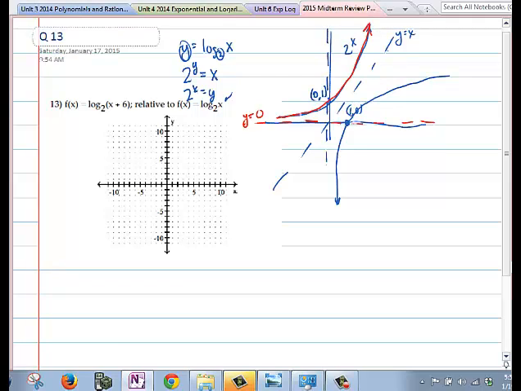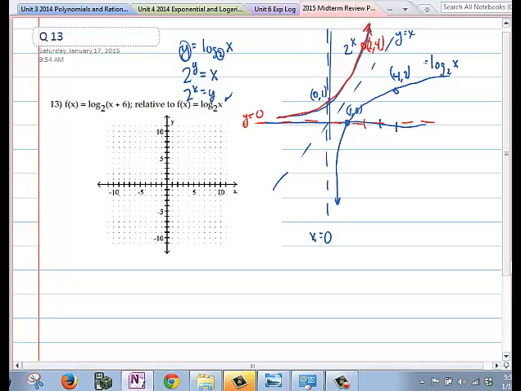It has its asymptote at x equals 0, and it has the point 1 comma 0. And if the exponential had the point at 2 comma 4, then the logarithm would have the point at 4 comma 2. We described this in class when we introduced logarithms, and I'm just going to write this as log base 2 of x.